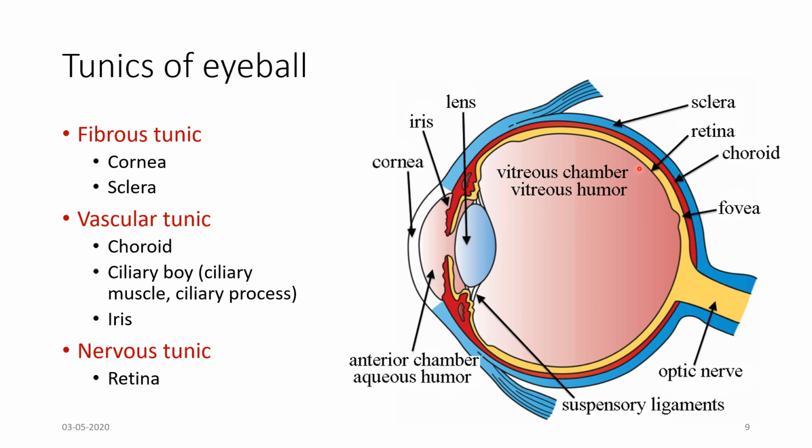The innermost nervous tunic, and this is the lens and the cornea, the space between the lens and cornea containing the aqueous humor, and the part behind the lens containing the vitreous humor or the vitreous chamber, and you can see the suspensory ligaments coming from the ciliary body that keep the lens in position.